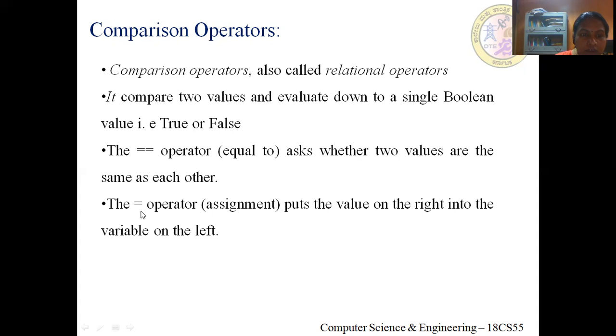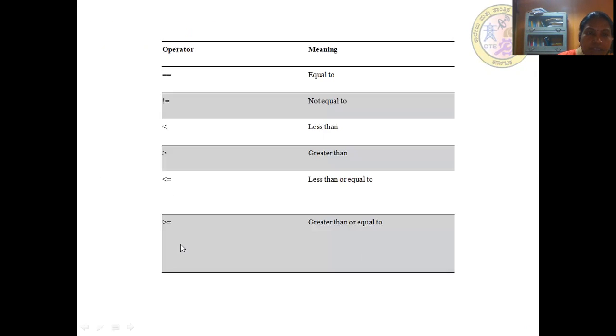If you are using one equal sign, that is considered an assignment operator. If you are using two equal signs, it is considered an equal comparison operator, or a relational operator. The assignment operator puts the value on the right side into the variable on the left side.